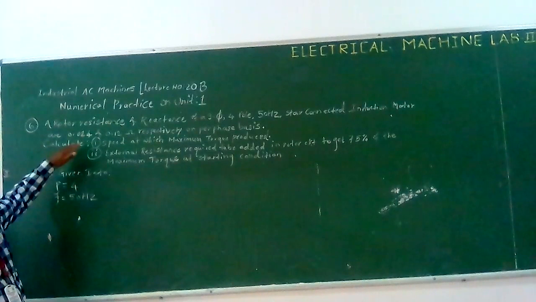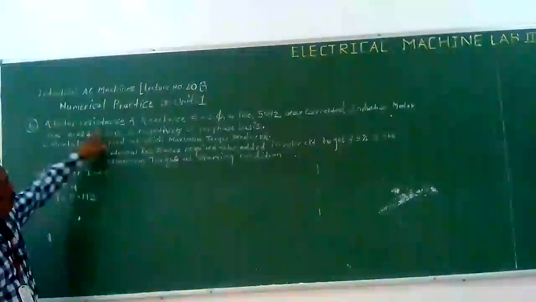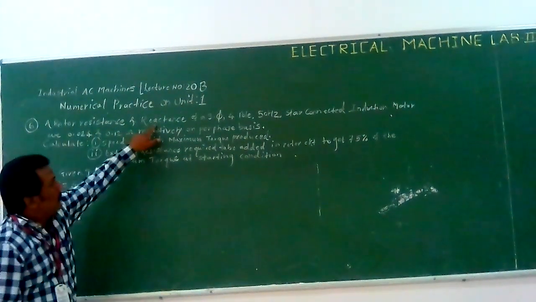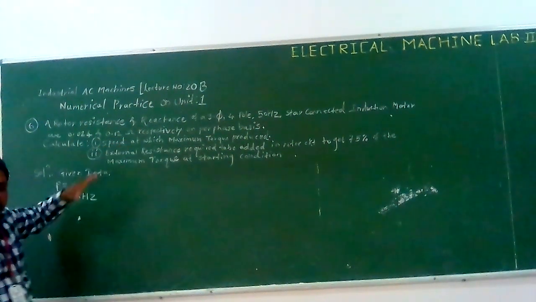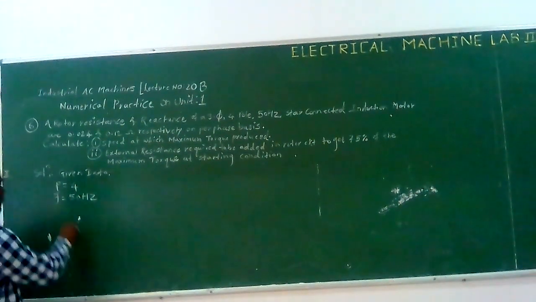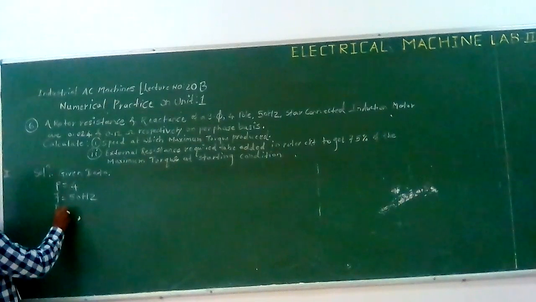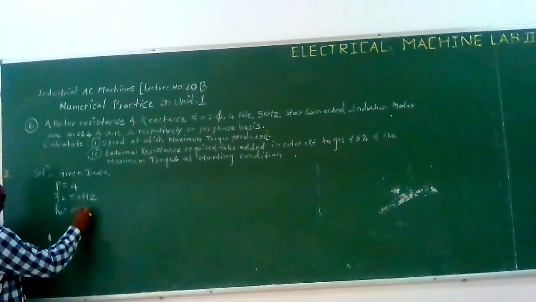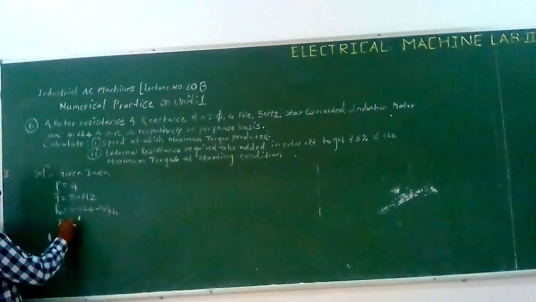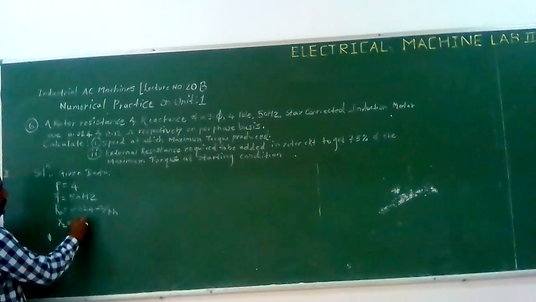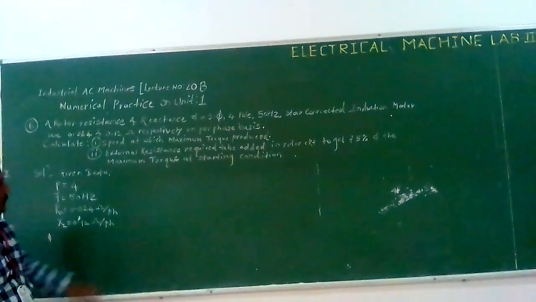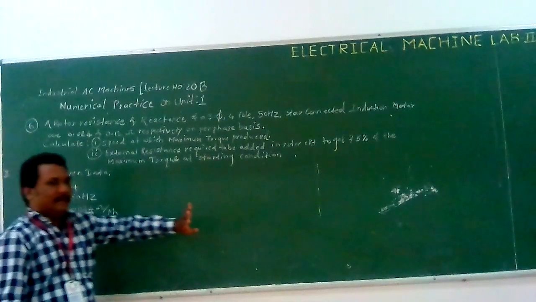The rotor resistance R2 is 0.024 ohm per phase and the reactance X2 is 0.12 ohm per phase, and these values are on a per phase basis.